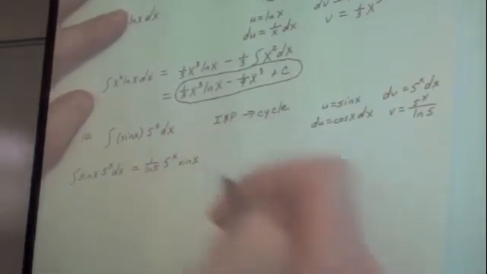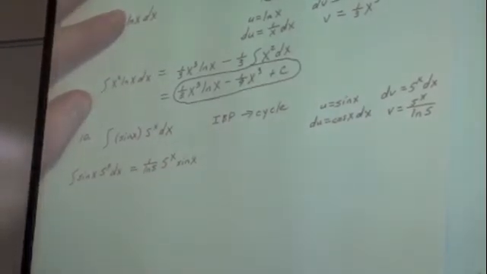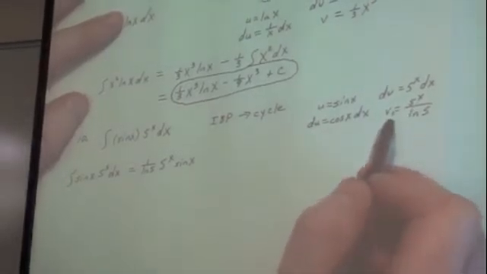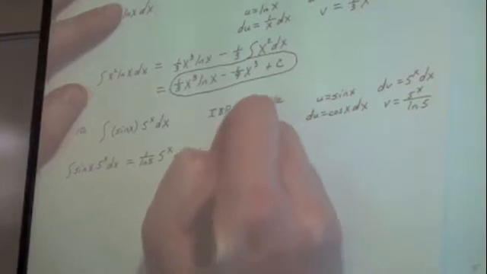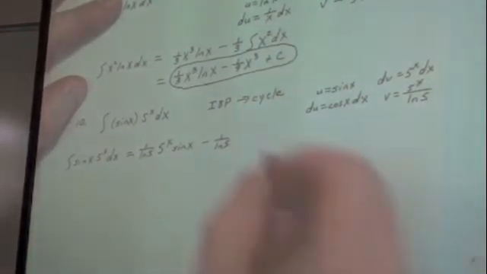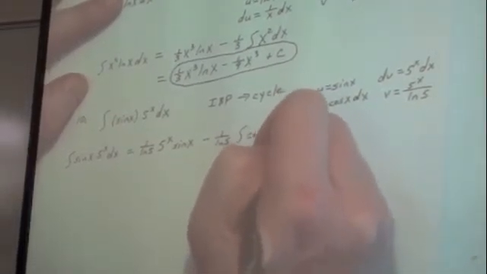Order there doesn't matter. If you put those three terms in any order, I'm fine with it. So that's u times v minus the integral of v du. I'm going to say that's minus 1 over ln 5, factoring out the constant, times the integral of cosine x times 5 to the x.